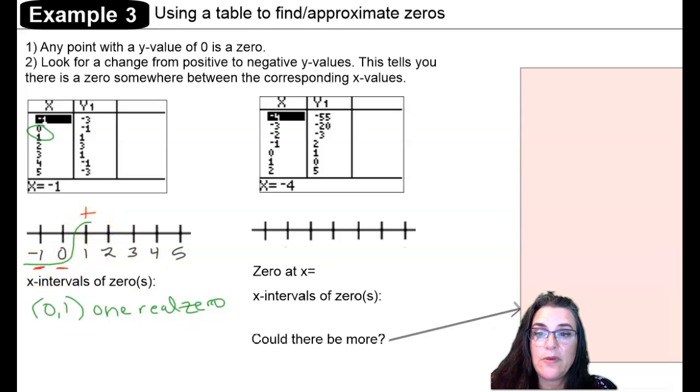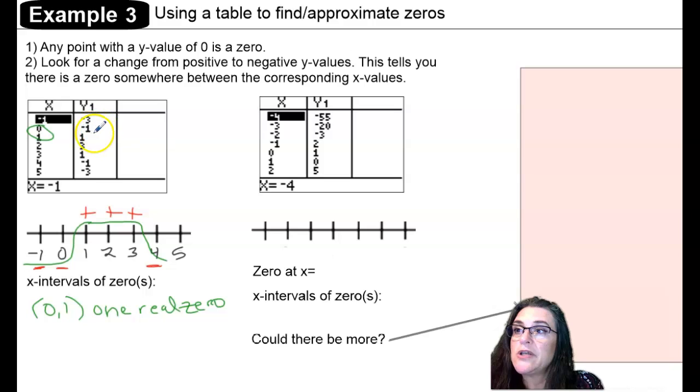Okay, now as I continue on, I get at 2, another positive, at 3, another positive, but then at x equals 4, now I'm back down at the negatives again. And the only way I can change signs to go from positive to negative is if I cross the x-axis again, and that's going to be another real 0.